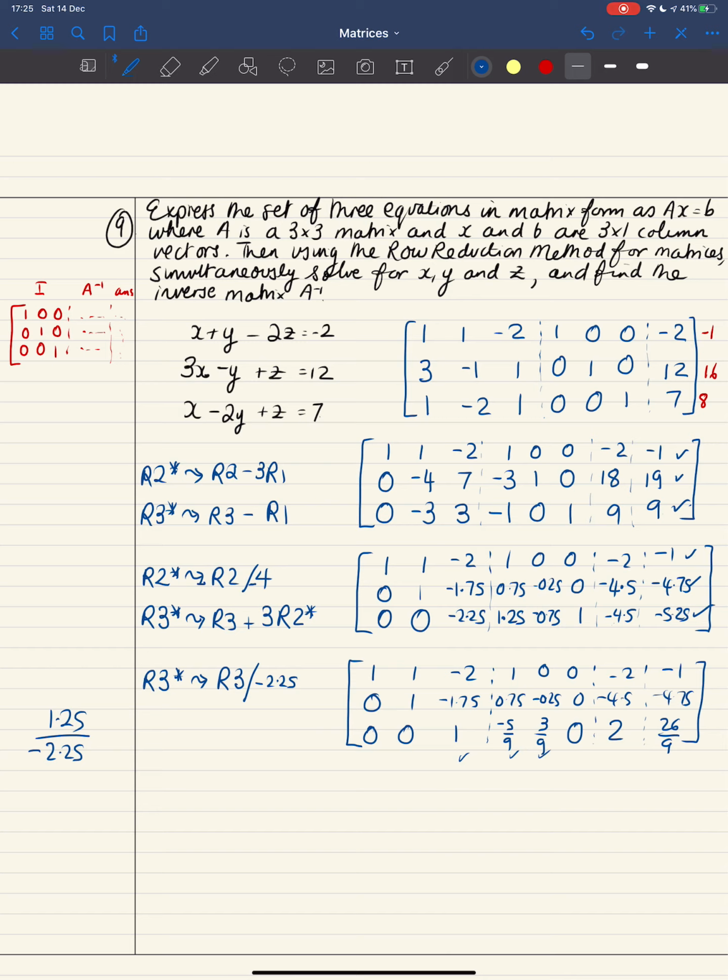Oh, I've done it, it's this one. Look, no, it's 1 divided by minus 2.25. So that's 100 divided by 225. Do this on a calculator. So it's going to be 4 divided by 25 divided by 25, 4/9. There we go.